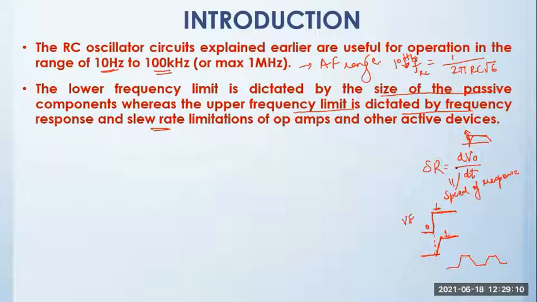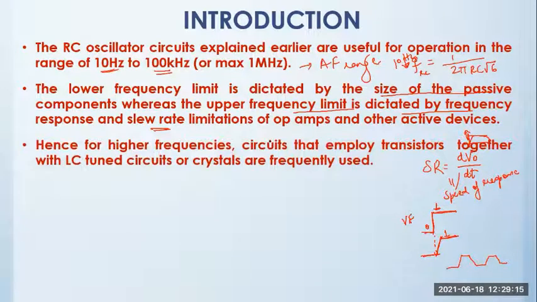So because of all this, we will try to design different oscillators. That is, we will try to use an inductor and capacitor combination to design higher frequency oscillators. So when I want oscillators to work well into the radio and microwave frequency range, it is preferable to use LC oscillators. Okay, very commonly in most of the communication, we use LC oscillators at the transmitter and receivers.